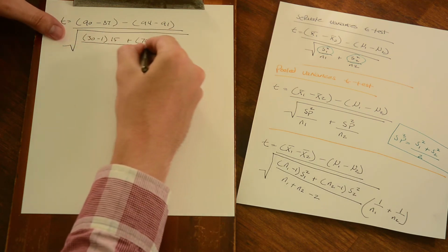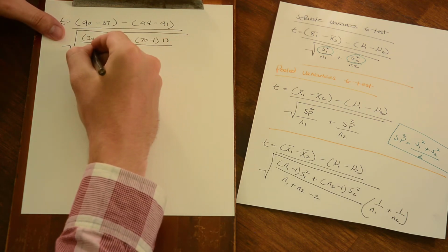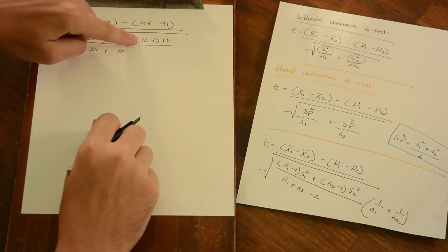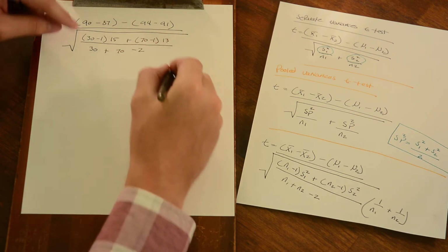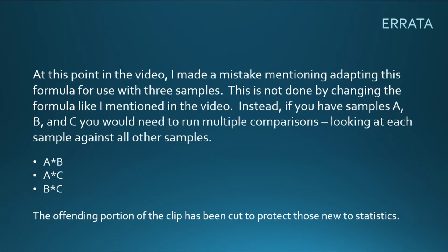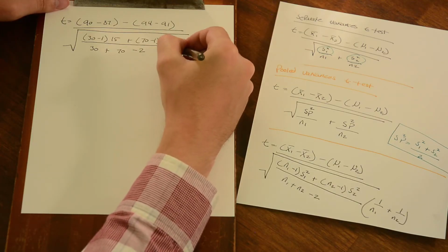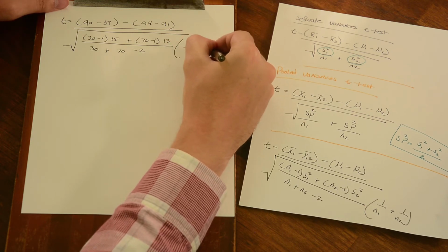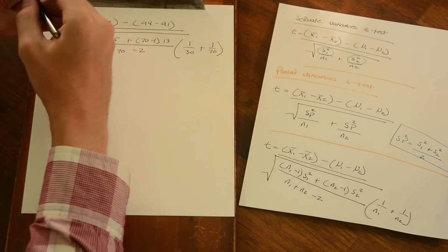This is over 30 plus 70, so sample size 1 and sample size 2, minus 2, because there are 2 of them. And we're taking 1 over 30 plus 1 over 70 is what we're multiplying by.